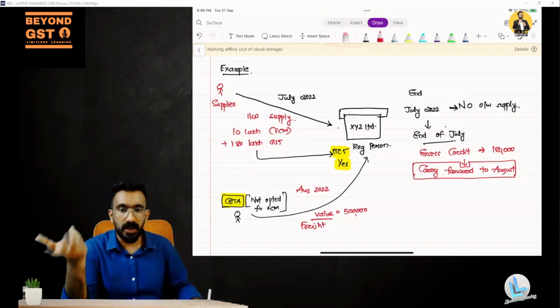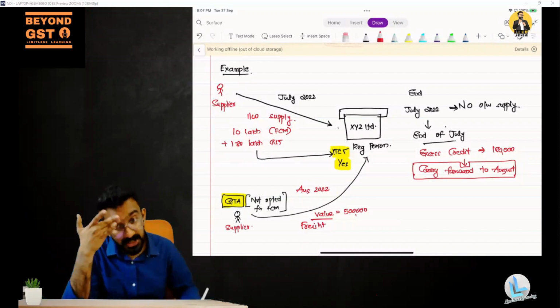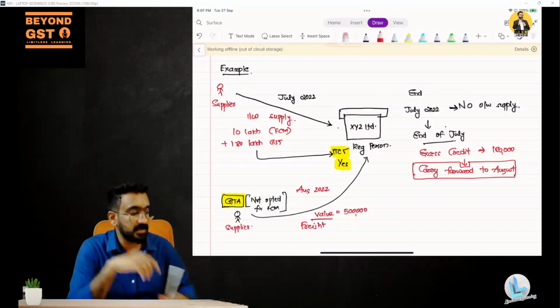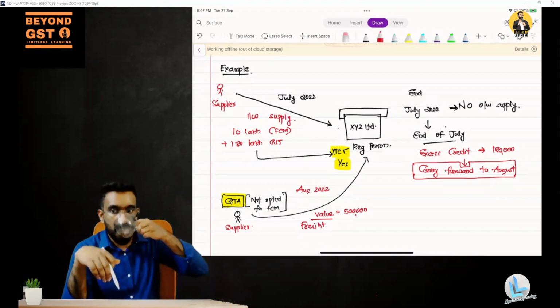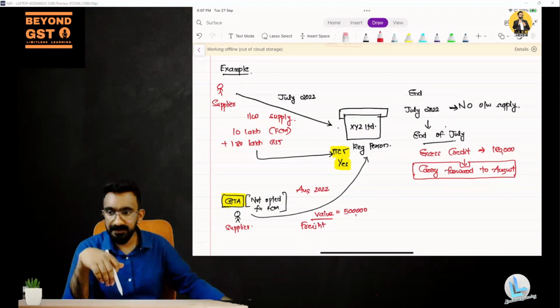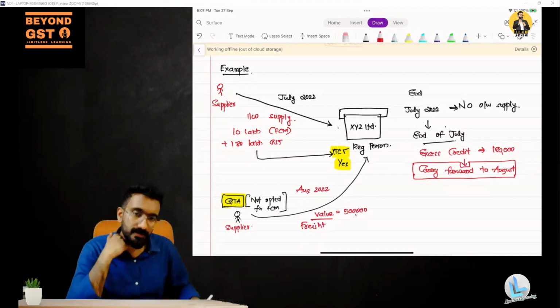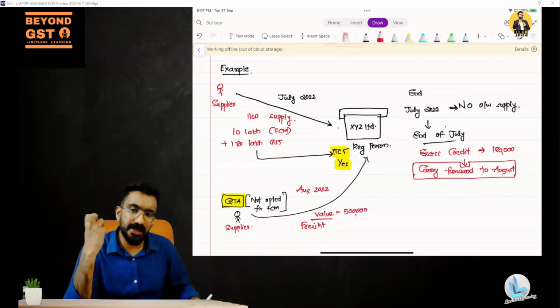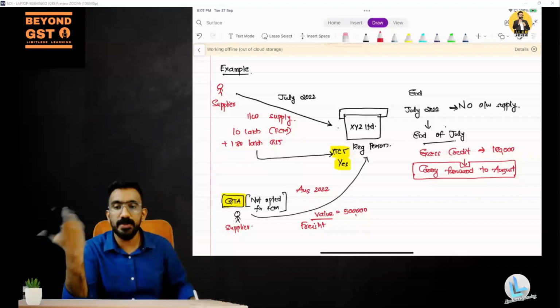Question number 1: here the supplier is a GTA. When the GTA is providing services to XYZ Limited, first of all, is it taxable? Yes, it is taxable. Now, when will a GTA providing transportation services to someone not be taxable?